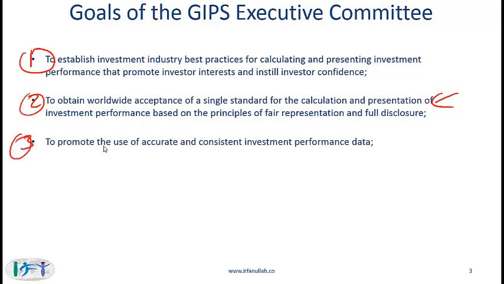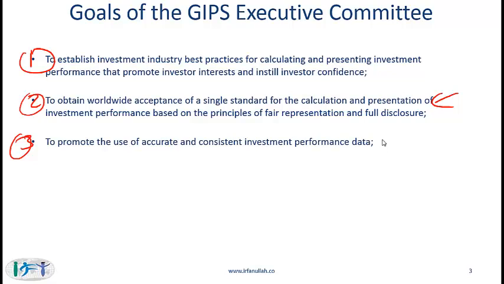Number 3, to promote the use of accurate and consistent investment performance data. To use a simple example that we also see in the quantitative methods part of this course, when an investment management firm calculates return numbers, there are different ways of calculating them. For example, either the time-weighted rate of return can be used or the money-weighted rate of return can be used.